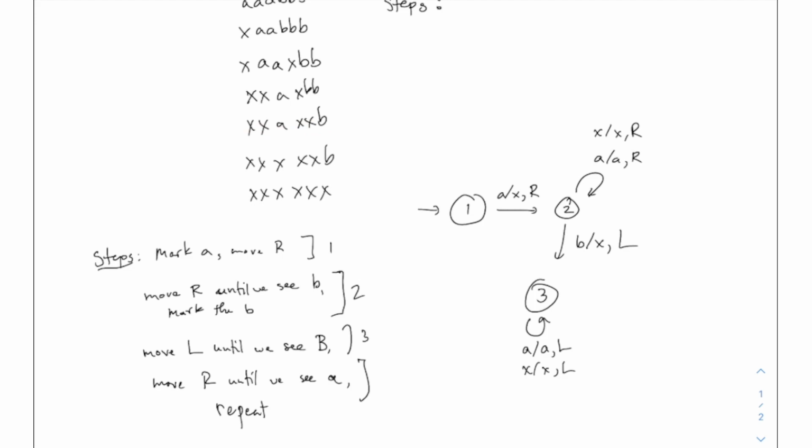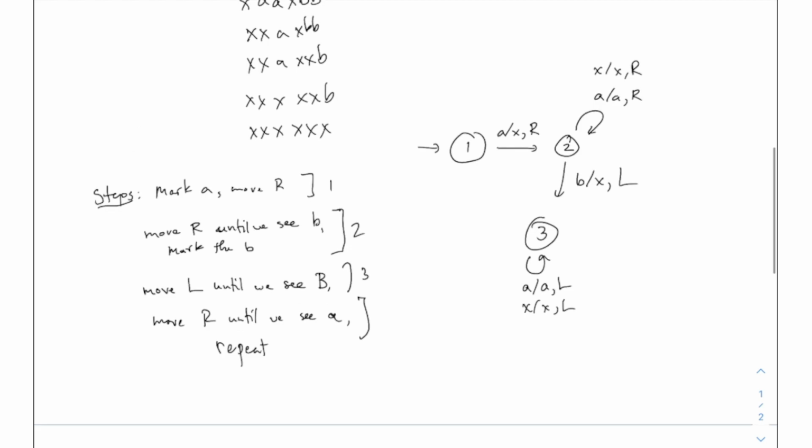And when you see a blank, that's your signal to go all the way back to the beginning of the whole procedure. I'm going to say B, B, R, because when you see a blank, it means you've overshot the beginning of the string by one spot, and so you want to move back to the right.